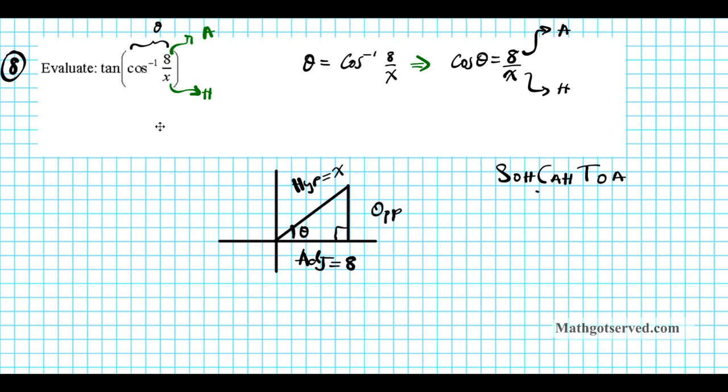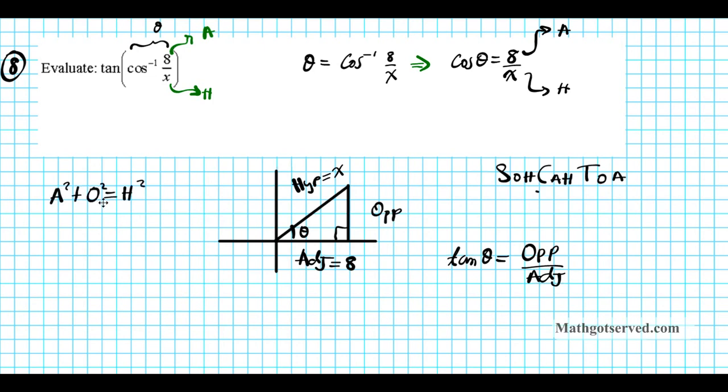We have to find tan. What does TOA tell us about tan? Tan theta is opposite over adjacent, right? So we know what the adjacent is. We need to find the opposite. Now, how do we find the opposite? We just simply use the Pythagorean theorem, right? So I'm going to use the trig variation of the Pythagorean theorem. Adjacent squared plus opposite squared equals hypotenuse squared.